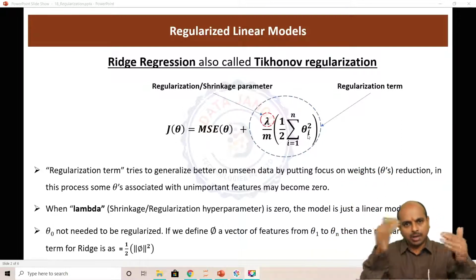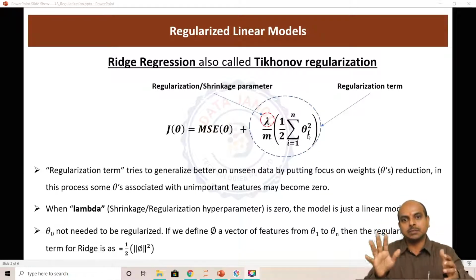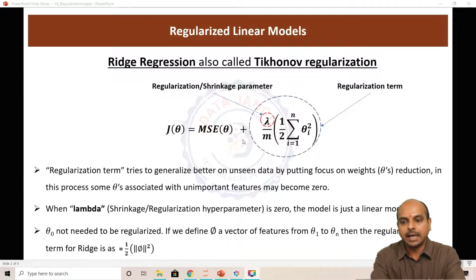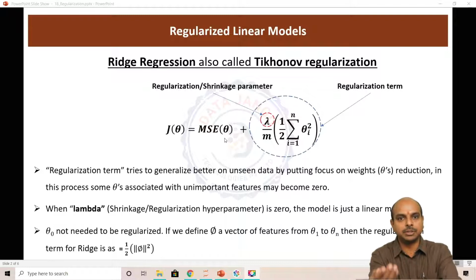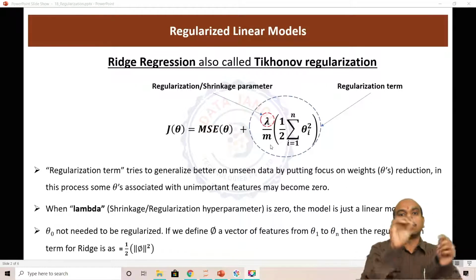The model is too complex because of the higher degree polynomials and interaction terms, whose coefficients are high. When you add an additional weight to the cost function, the objective of the algorithm is to reduce the cost, so it is going to reduce the additional cost. Additional cost is in terms of theta, and it will try to reduce those thetas to reduce the additional cost. In turn, it will help you smoothen the curve.